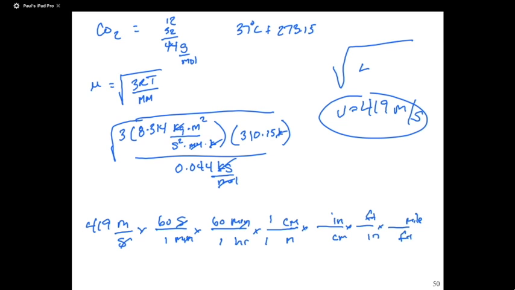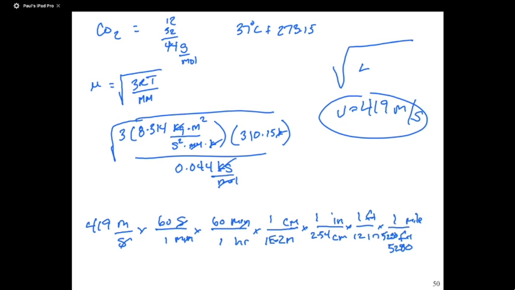1 centimeter, 1 e to the minus 2. Okay, inches. What is that one? 1 inch is 2.54 centimeters. 1 foot is 12 inches. 5,280 feet to 1 mile.